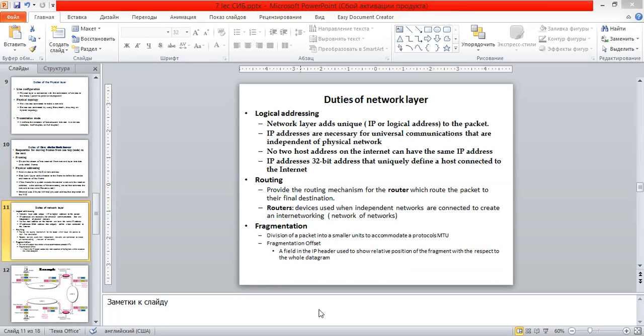Defines logical addressing so that any endpoint can be identified. Handles congestion in the network. Facilitates interconnection between heterogeneous networks, internetworking, and the network layer also defines how to fragment a packet into smaller packets to accommodate different media.